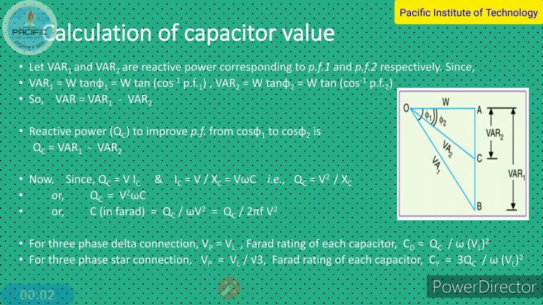Now we will calculate the value of the capacitor used as the static capacitor. VAR1 and VAR2 are the reactive powers corresponding to power factor 1 and power factor 2.